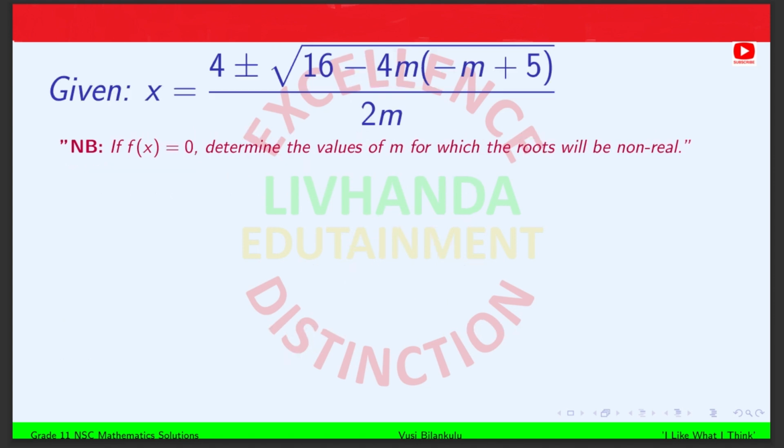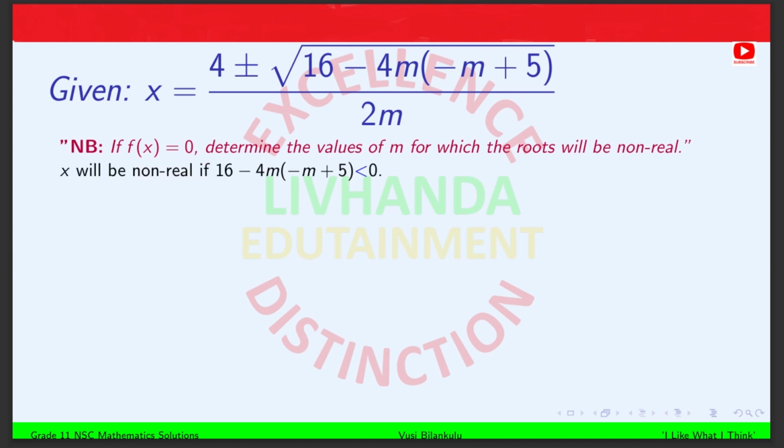Consider the roots of a function f at x such that x equals a fraction with a numerator given by 4 plus or minus the square root of 16 minus a product of 4m and negative m plus 5, and the denominator given by 2m. To determine values of m for which x is non-real, it is necessary that the square root function is negative.